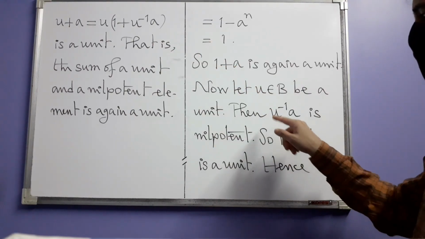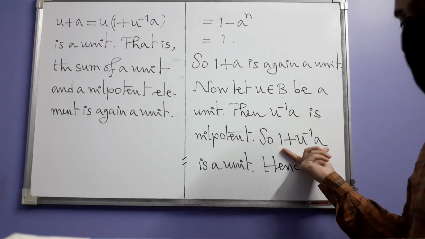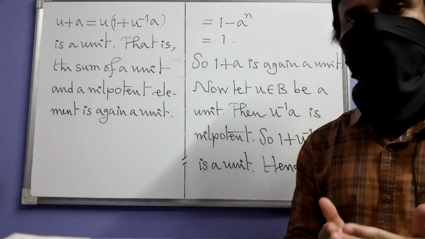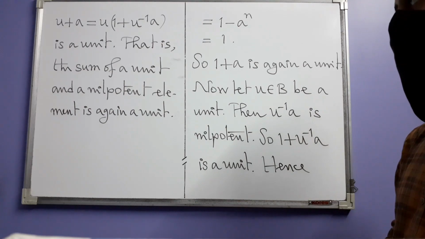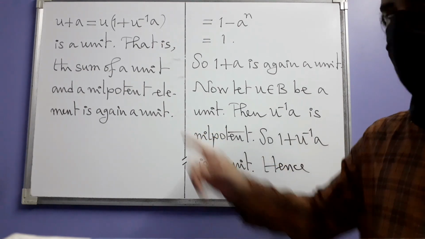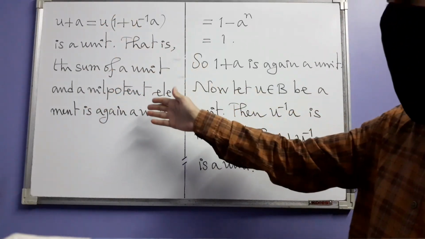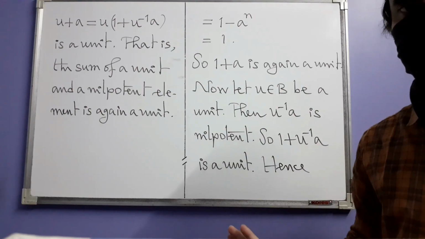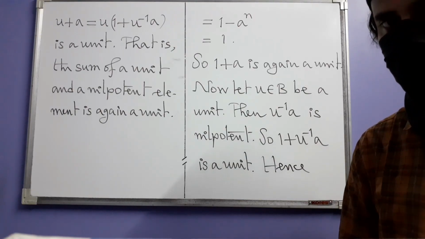Because u originally is the unit, and we found out that this is also a unit, and we know that in a ring, if you take the product of two units, then that product is also a unit. That is why. So we have uncovered this fact, that the sum of a unit and a nilpotent element is again a unit in any ring of the type we are considering, a commutative ring with identity element.